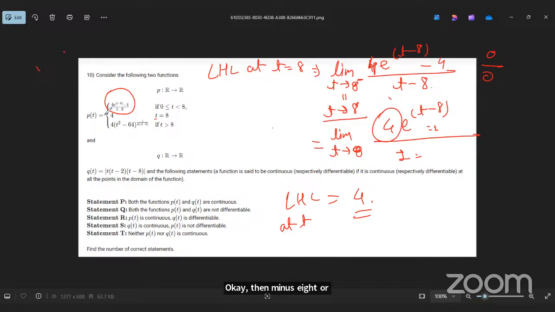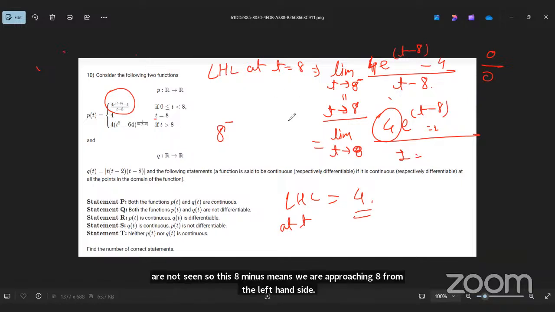Minus 8 means t tends to a plus, and you substituted the same way as t tends to a minus. No. See, this 8 to the power minus and this minus 8 are not the same. This 8 minus means we are approaching 8 from the left hand side. Okay, understood. Sorry. Fine.